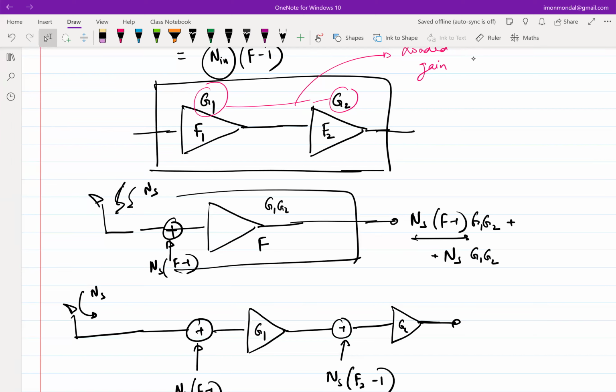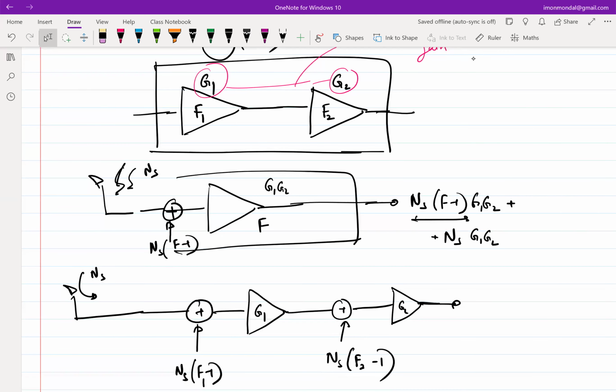So what I'm trying to get at here is, let me see if I have the derivation here.